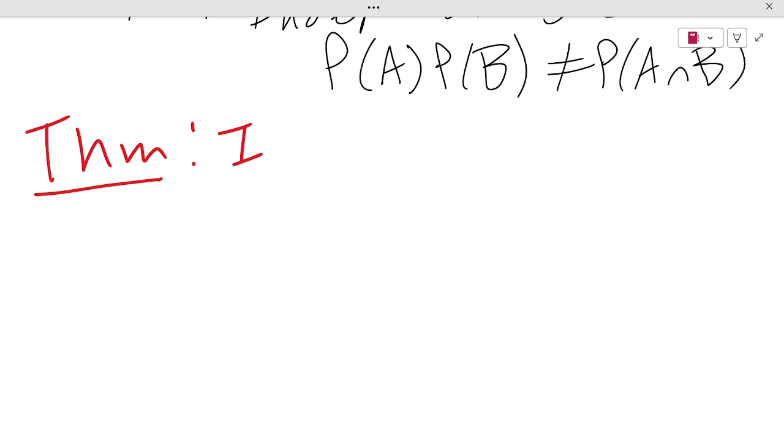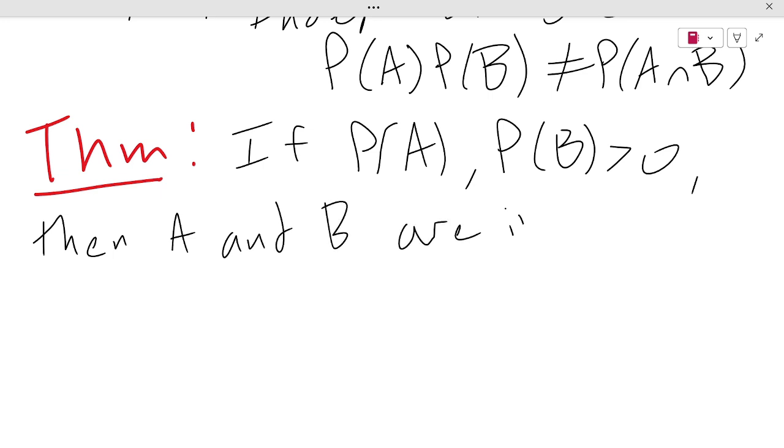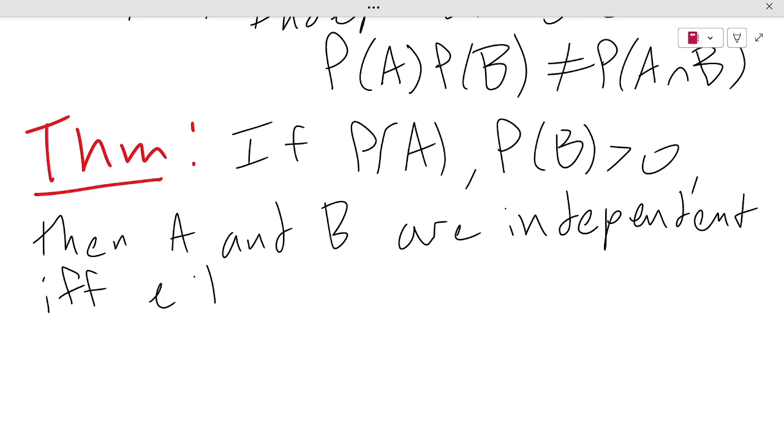So if the probability of A and the probability of B are both greater than 0, then A and B are independent if and only if either of the two statements I'm about to write hold.